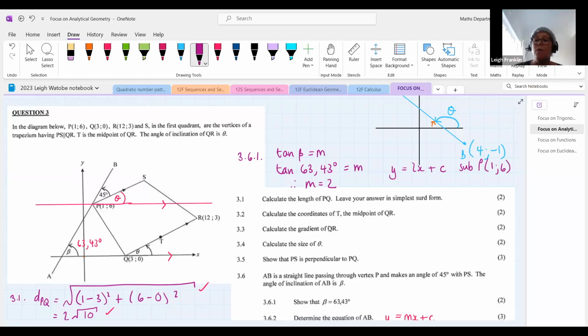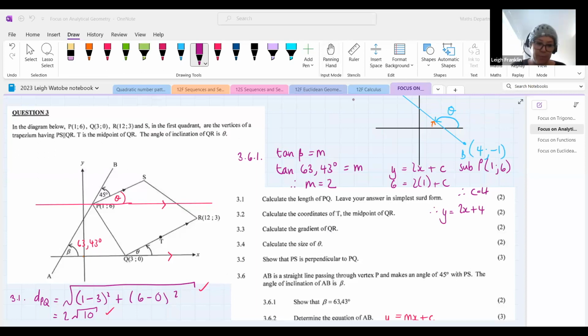The coordinates are (1; 6), so 6 is our y coordinate and 1 is our x coordinate, and we can work out the value of c. So c ends up being 4. That means it would be the line y equals 2x plus 4.